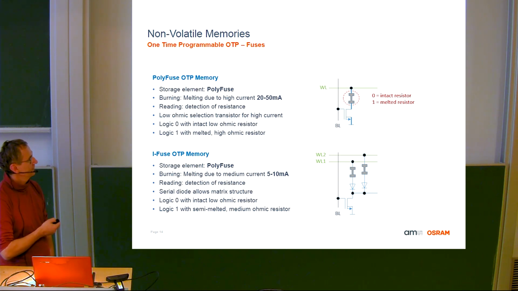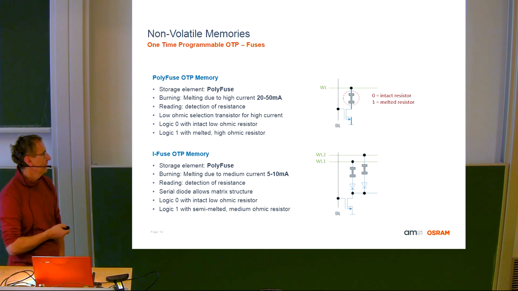You have to use one transistor here, and this is a transistor which needs to be able to switch 20, 30 milliamps. So it's also quite area intensive. The dominant part of the area here is definitely this transistor. There are ways to overcome this, by adding a serial diode.